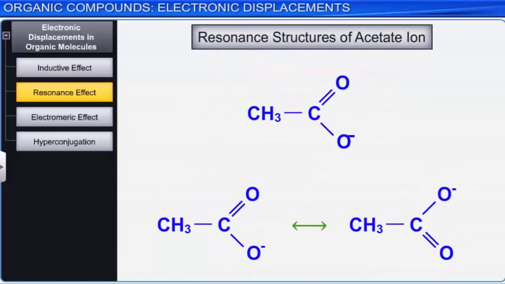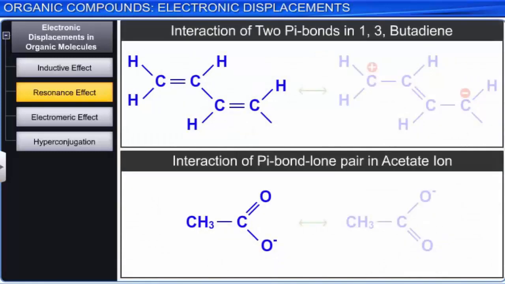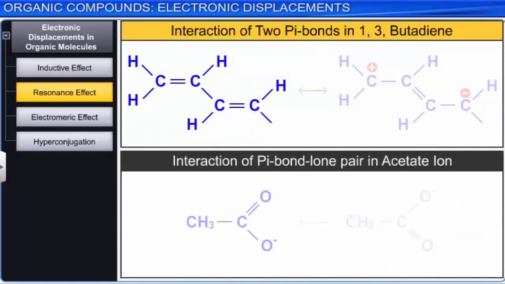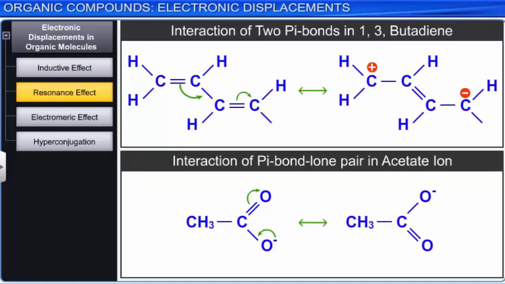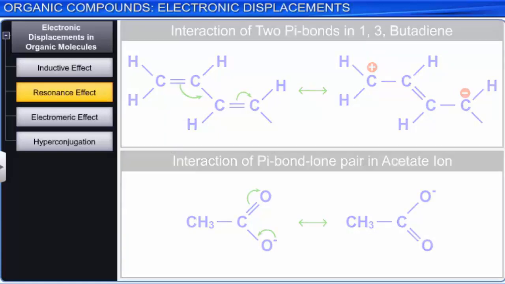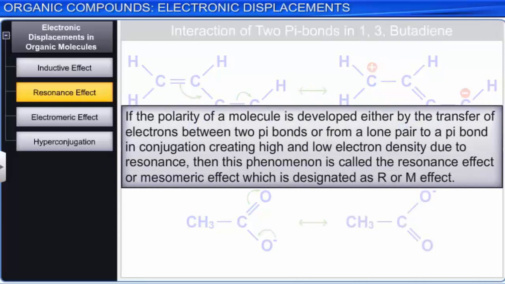Because of resonance, the electronic charge spreads over the entire molecule and hence affects its polarity. If the polarity of a molecule is developed either by the transfer of electrons between two pi bonds or from a lone pair to a pi bond in conjugation, creating high and low electron density due to resonance, then this phenomenon is called the resonance effect or mesomeric effect, which is designated as R or M effect.